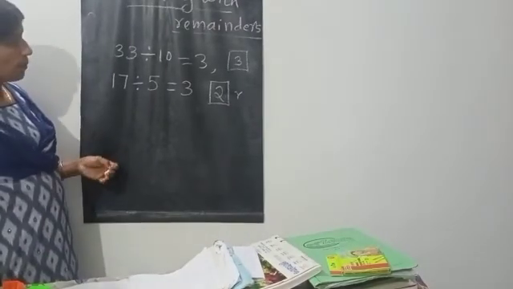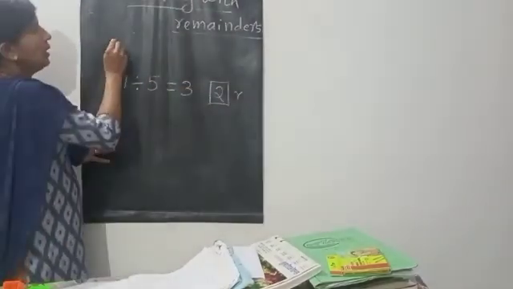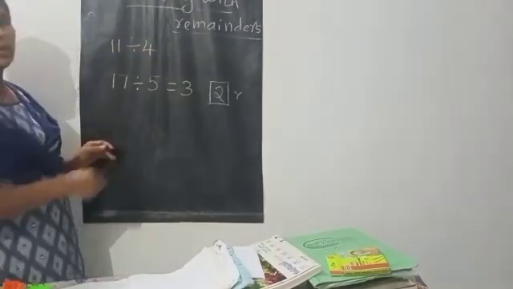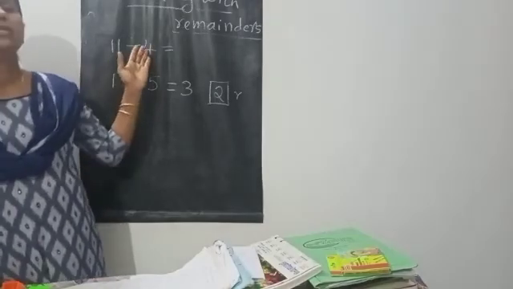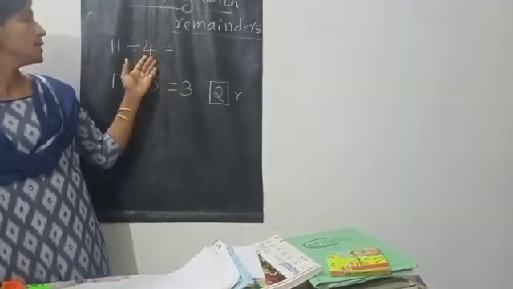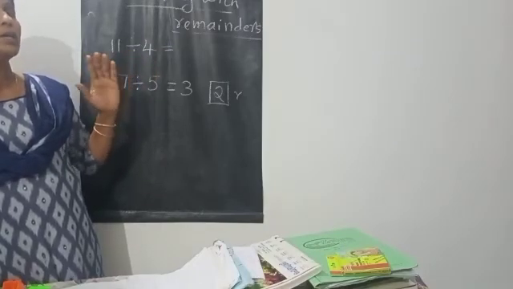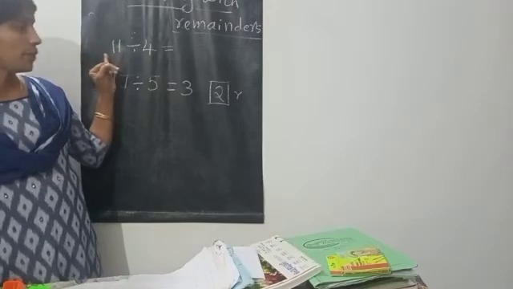Then we can try another one. 11 divided by 4. We can say the multiplication table of 4. 1 times 4 is 4. 2 times 4, 8. 3 times 4, 12. We don't have 12 here. We have 11 only here.